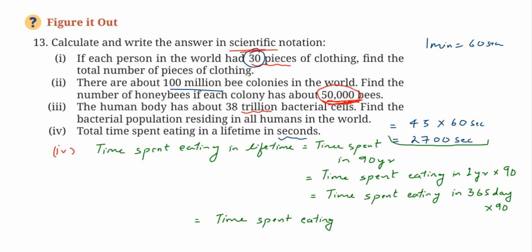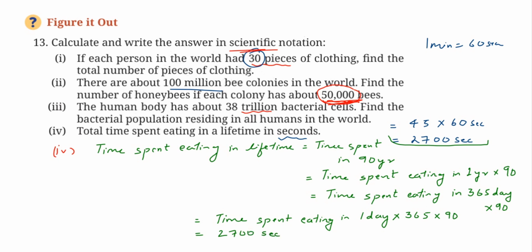365 days times 90, and now I know for 1 day I'll multiply that with 1 day time. So 1 day times, in 1 year there are 365 days, therefore I multiplied by 365, and we are finding for 90 years, therefore I am multiplying it by 90. So I have a big number here to multiply. I know for 1 day the person will take 2700 seconds.